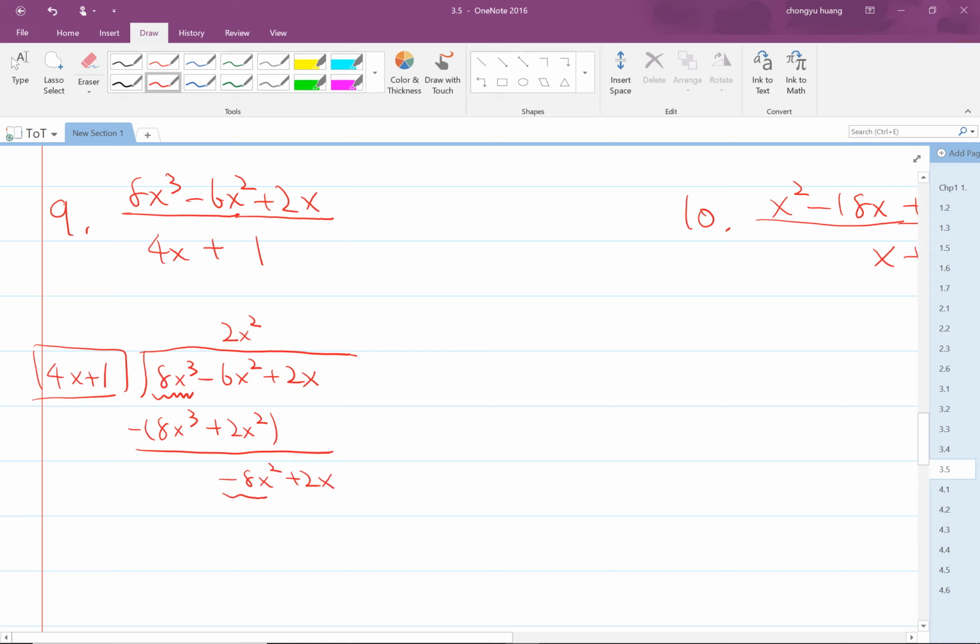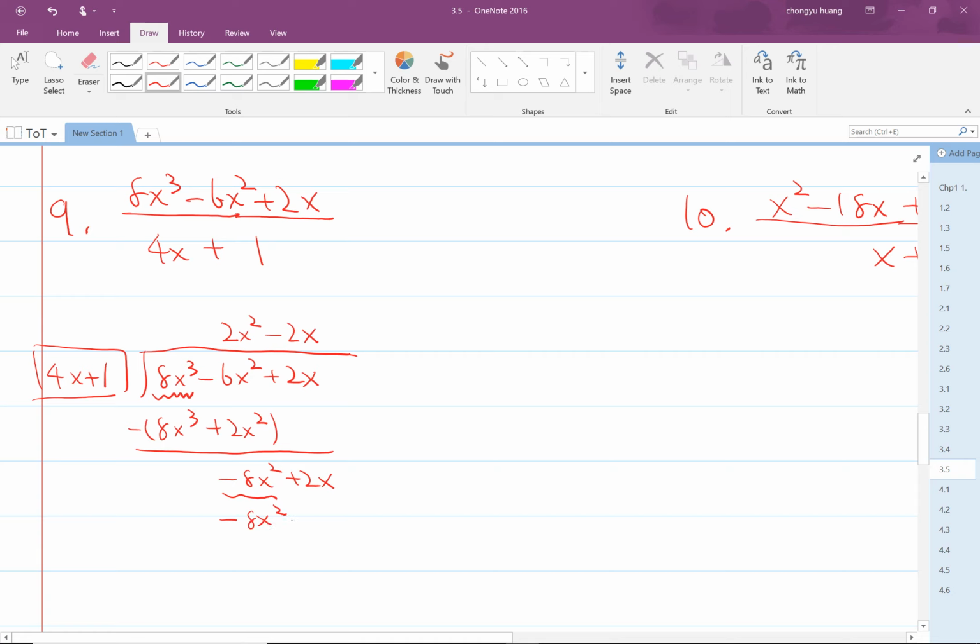So now we want to get rid of this term. We want to cancel negative 8x to the power 2, so we simply multiply by negative 2x. So 4x multiplied by negative 2x becomes negative 8x squared, right?